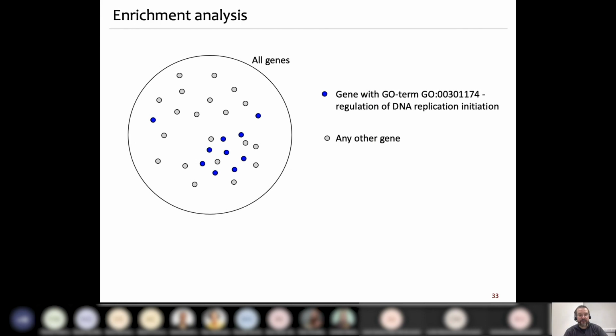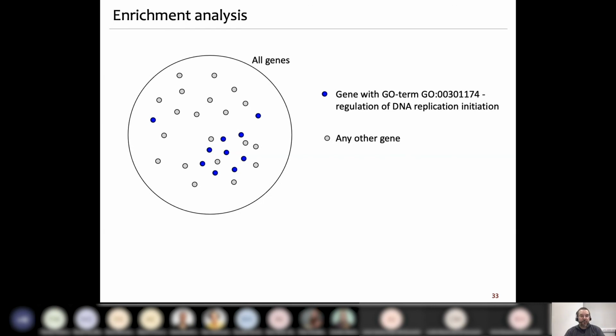An important application of the Fisher's test is enrichment analysis. When we ask if a given selection of objects, for example, genes, is more likely to have a certain property than a random selection. This example shows a set of genes, and some of these genes are annotated with a GO term.